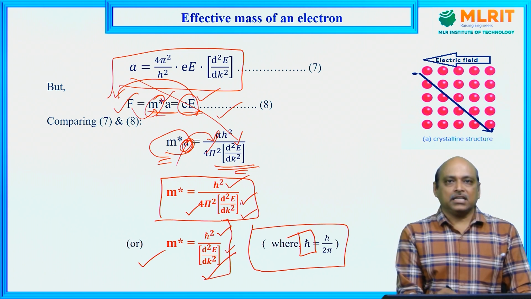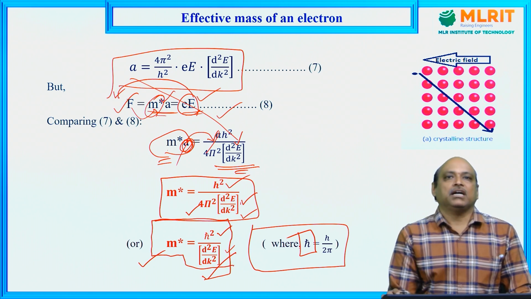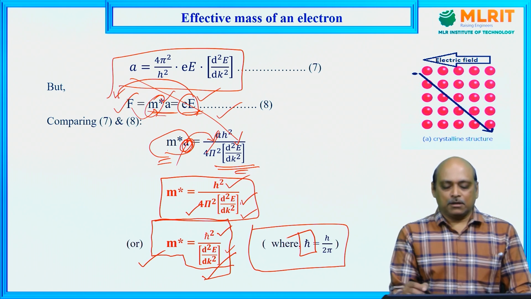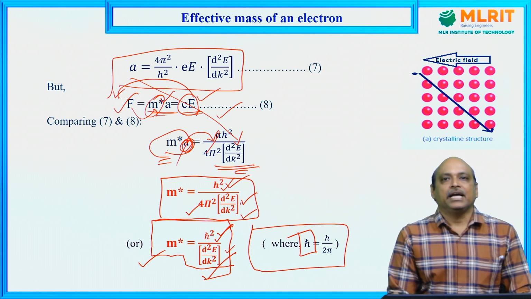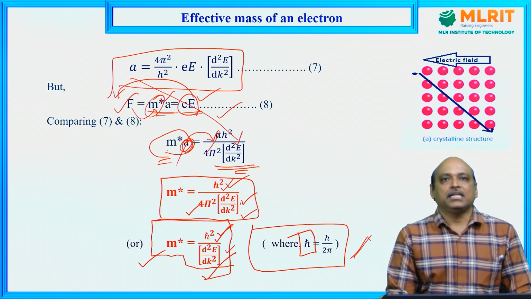Our task here is to write the m* equation in terms of energy. So we have written it like this, in terms of Planck's constant h, and also in terms of the reduced Planck's constant, ħ. So this is the final expression for m* in terms of energy and wave number.